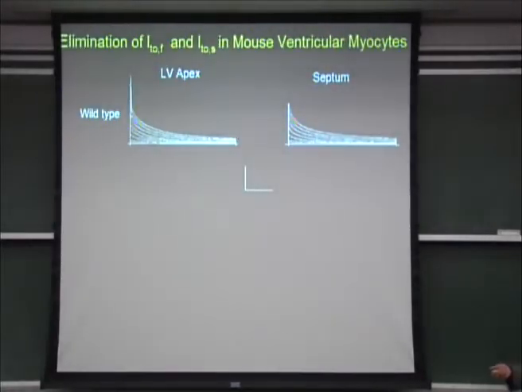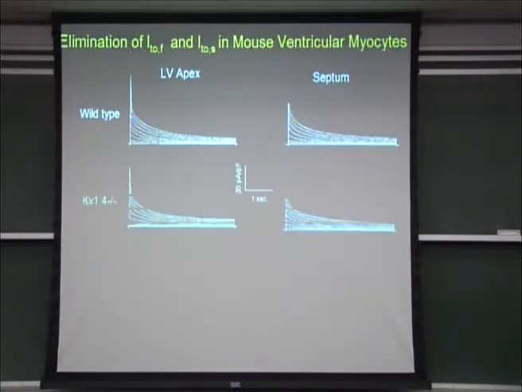So what we decided to do then was 2 separate experiments. One is to ask the question, what is the role of KB1.4 in the generation of the endogenous ITO slow in the septum? And then secondly, in the dominant negative background, does the elimination of 1.4 eliminate that slow transient current in both the septum and in the apex where the slow transient current is not normally expressed?